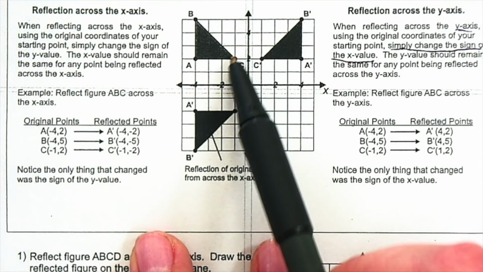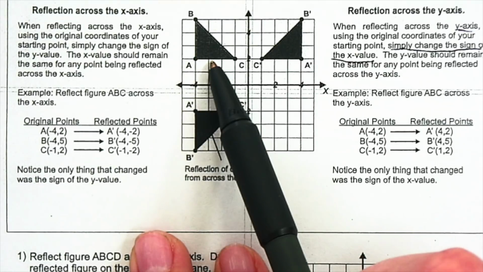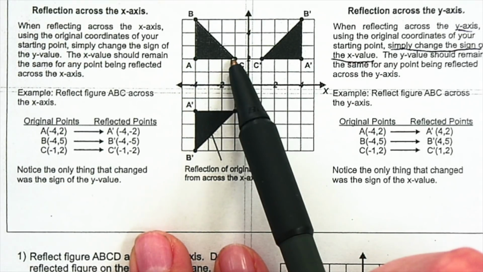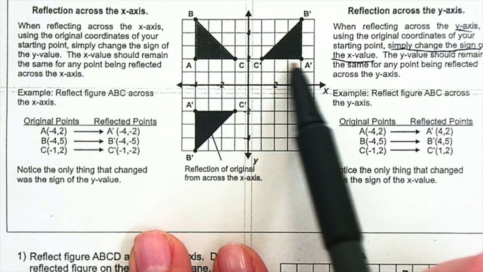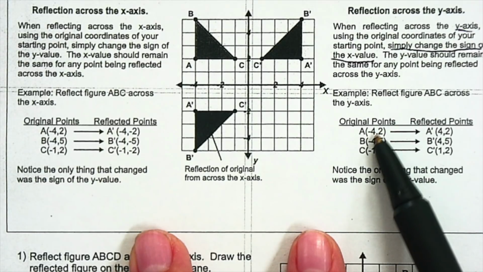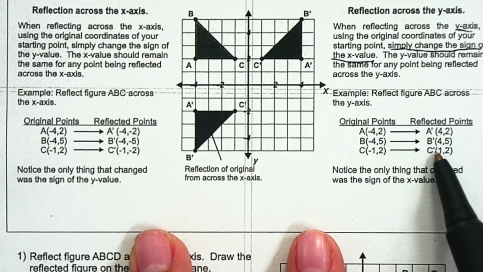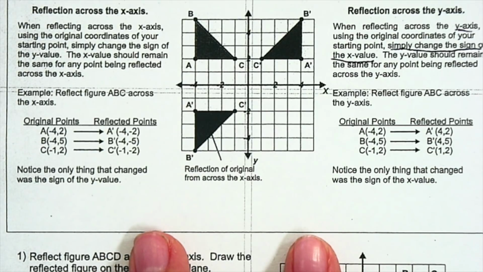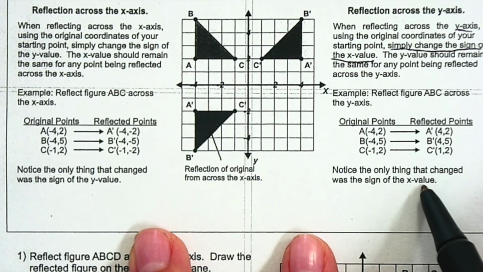To do this, we look at C, we go across 1, 2, and A is 1, 2, 3, 4 away, so it should be 1, 2, 3, 4 away. Notice how all of the negatives for your x's change to positives when reflected. So again, the only thing that changed was the sign of the x value.